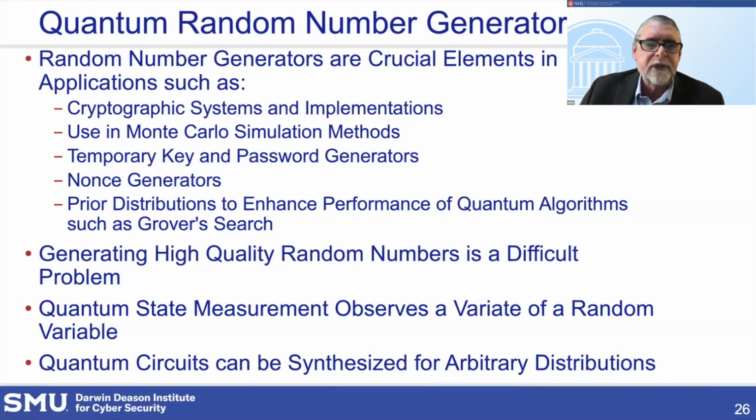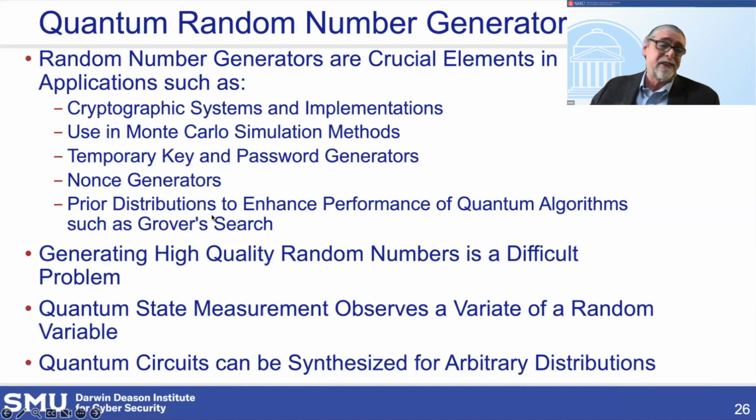So we start off with a uniform distribution, not only in Shor's, but many other algorithms. If we know something prior about the distribution, we can enhance performance of these algorithms by synthesizing a non-uniform distribution instead of that bank of Hadamards.